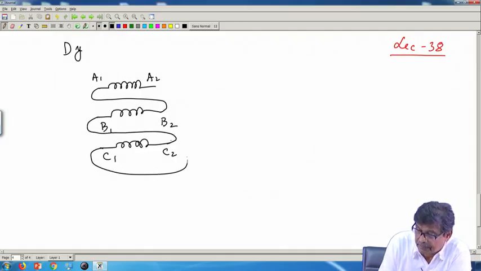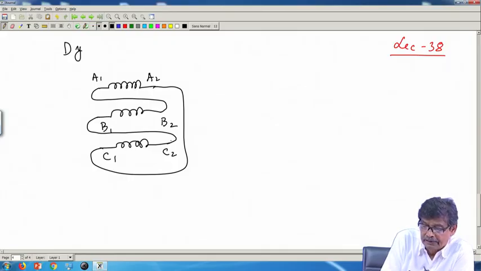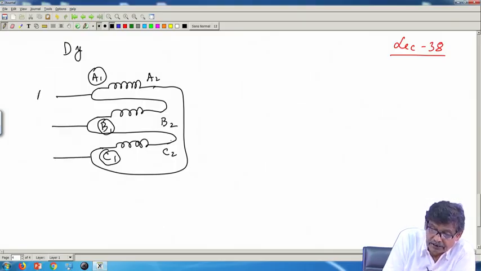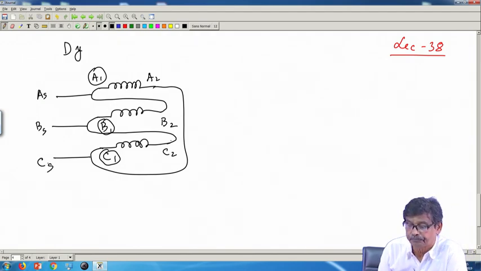So, this is the primary connection I will do, and obviously from A1, B1, C1, that is the convention I am following, I will connect my source AS, BS and CS. This is what I will do.